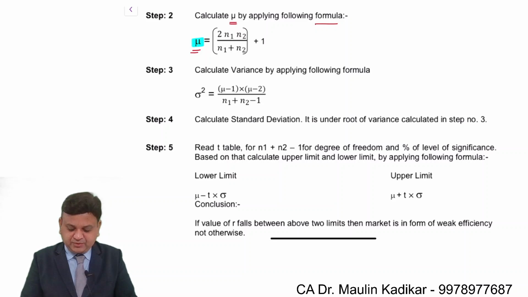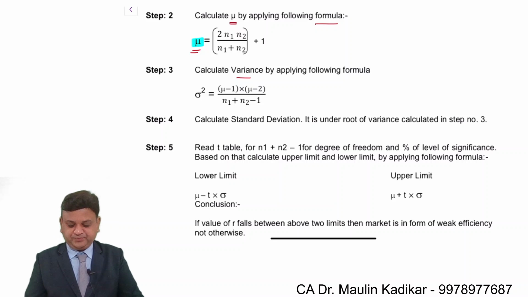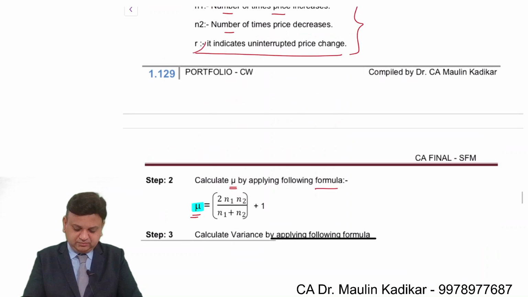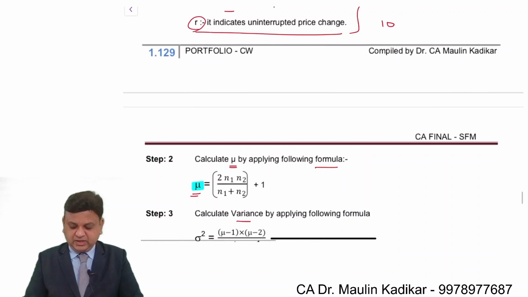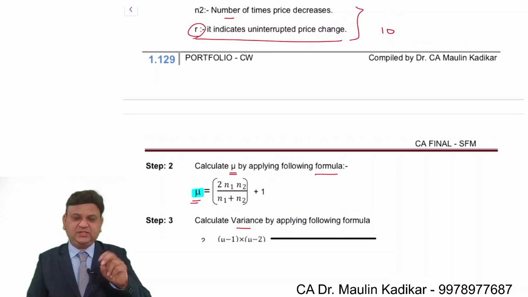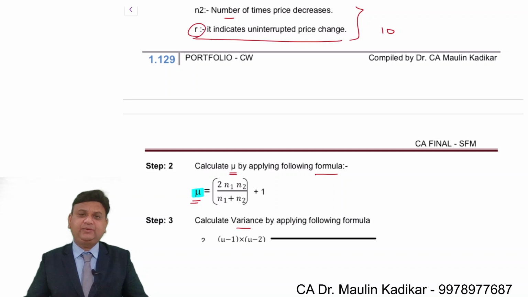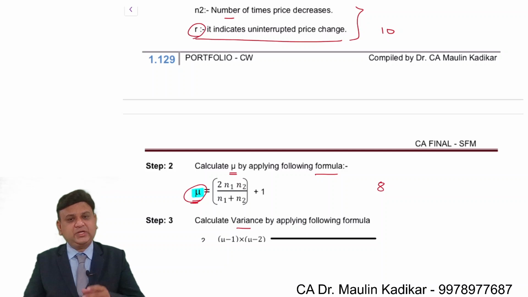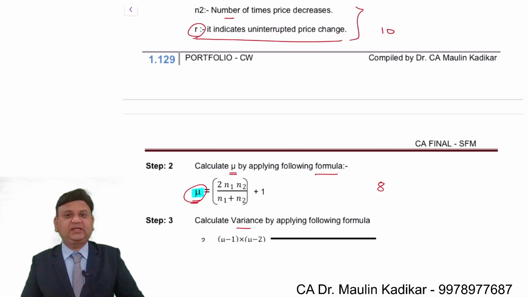Then we will make the computation of the variance. Now suppose for example the value of R comes to, let us say, 10. Out of 20 observations, we find that the uninterrupted sequence of the price change is 10, and it should be 8. So can we directly conclude that the market is in weak form of efficiency?